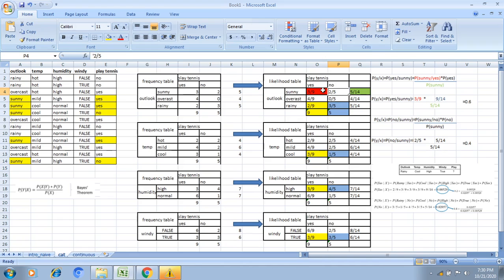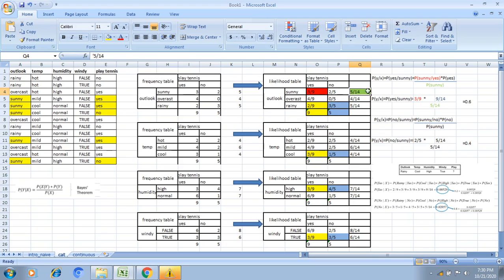We already have the likelihood table, so from the likelihood table we just need to place it here. That's it, simple. Probability of sunny given no is 2 by 5, and probability of no, how many no's do we have? 5 no's out of 14, that's why 5 divided by 14. And P of sunny we already know is 5 divided by 14, from here, the green one.